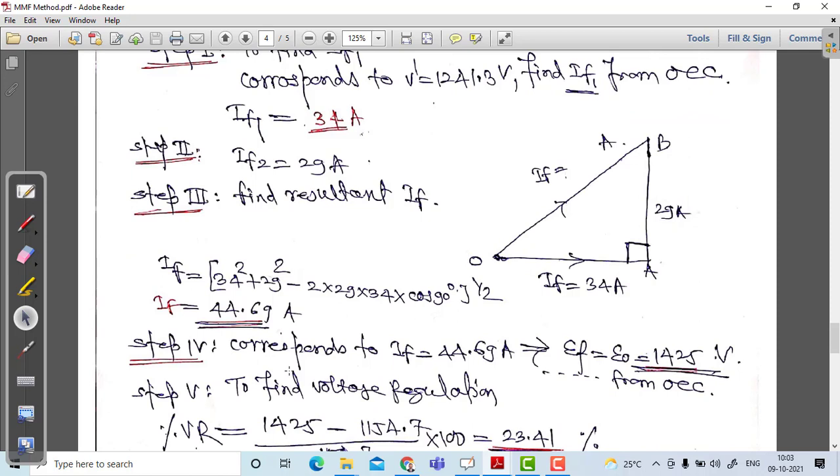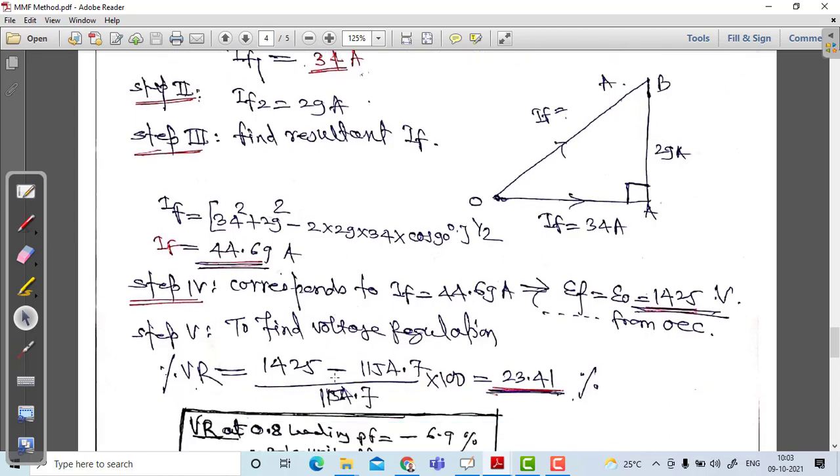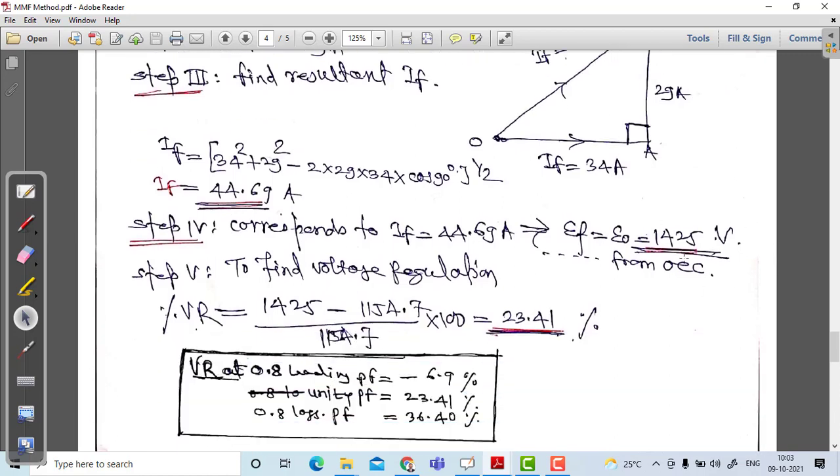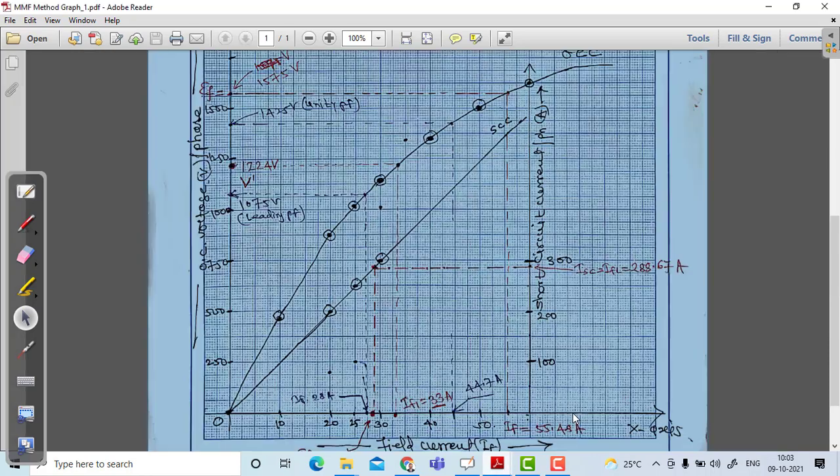Now we have to find out, corresponding to this feed current, how much is the no load voltage from the OCC, and it is found that the no load voltage is 1424 volt from the OCC. We will check it. See, corresponding to 44.7. See here 40, here it is 40, here will be 45, here will be 50.